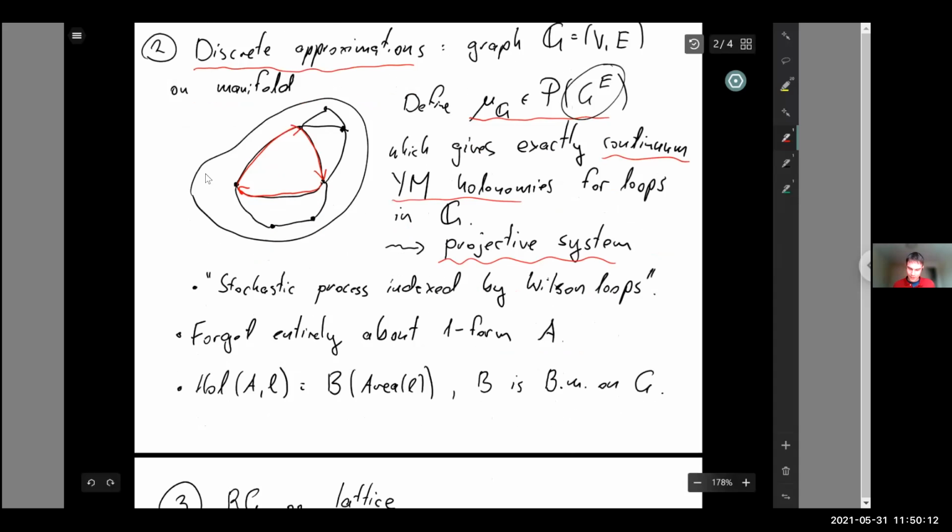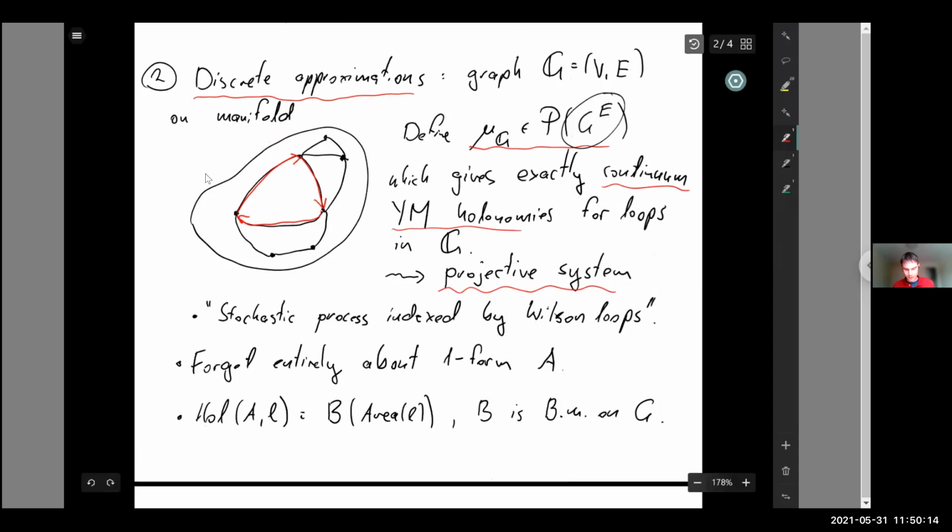Another nice thing that ties in with a little bit of free probability is that the holonomy around a particular loop L is given by quite a nice formula: you run a Brownian motion on your Lie group and look at it at time given by the area of this loop.